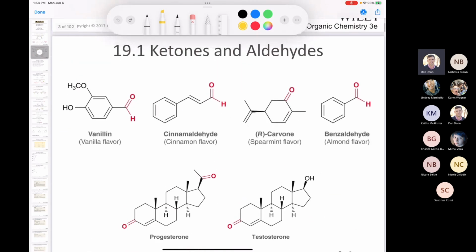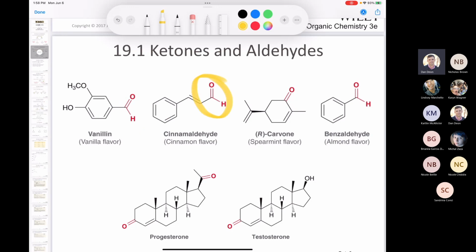Where else do we find ketones and aldehydes? Well, all kinds of cool, interesting compounds with interesting odors. Really interesting smells are ketones and aldehydes. I can't put it any other way. So if you like the smell of vanilla, that comes from vanillin, and you can see that there's an aldehyde in here. Cinnamaldehyde is responsible for the flavor of cinnamon.